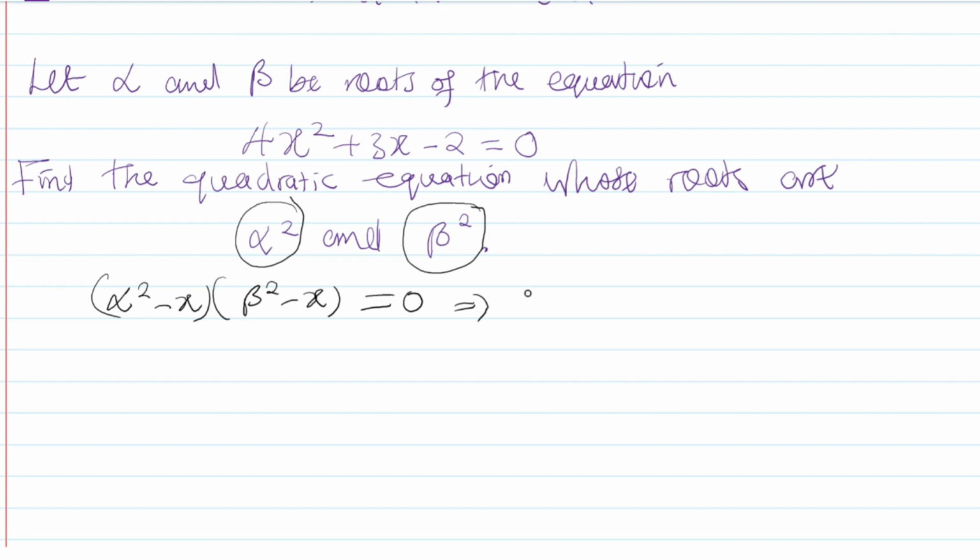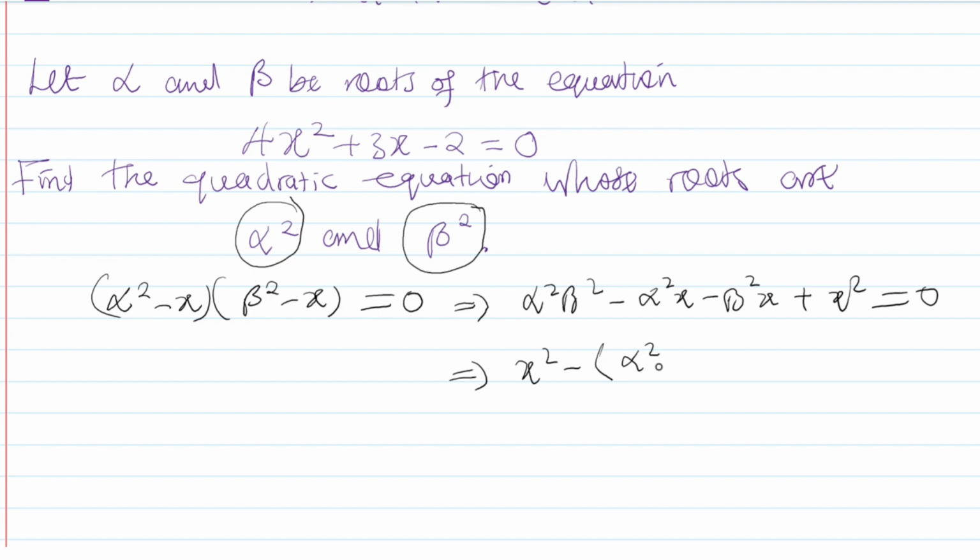If I expand this, I will get alpha squared beta squared minus alpha squared x minus beta squared x plus x squared is equal to 0. So x squared minus, in brackets, alpha squared plus beta squared, then x. I have factored out the negative, remained with alpha squared plus beta squared, then x is factored out here. Plus (alpha beta) squared is equal to 0.